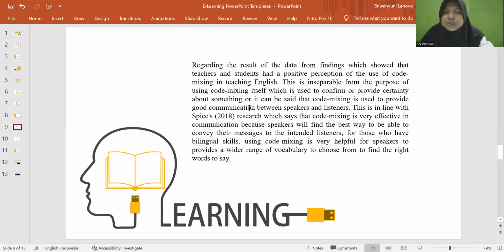This is in line with SPIE's 2018 research, which says that code mixing is very effective in communication because speakers will find the best way to convey their message to the intended listeners. For those who have bilingual skills, using code mixing is very helpful for speakers to have a wider range of vocabulary to choose from to find the right ways to say things.